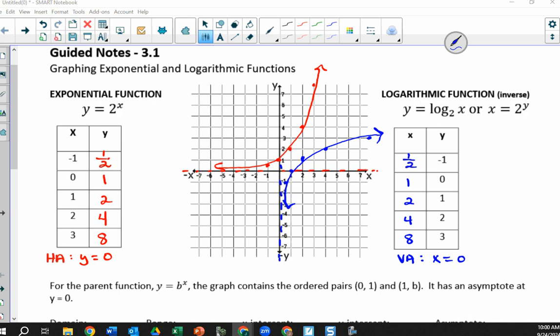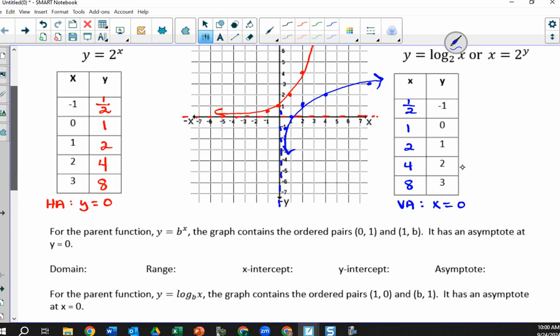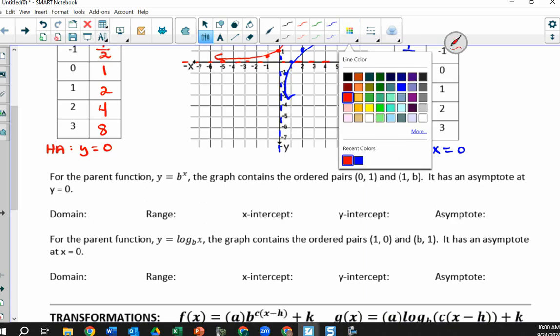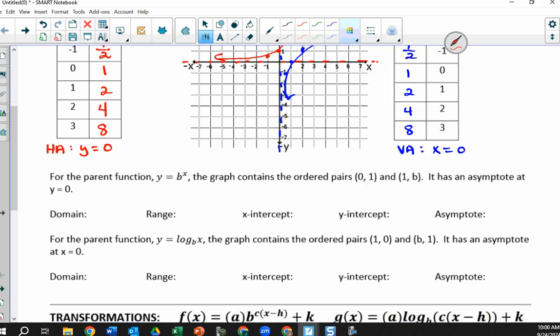We, again, are not going to use that many points when we graph. We're just going to use a couple of points. So what I have written for you next, for your parent function of an exponential, you always have the ordered pair 0, 1, and 1, b. B is your base, okay? So whatever the base of your exponential is, you know those 2 points.